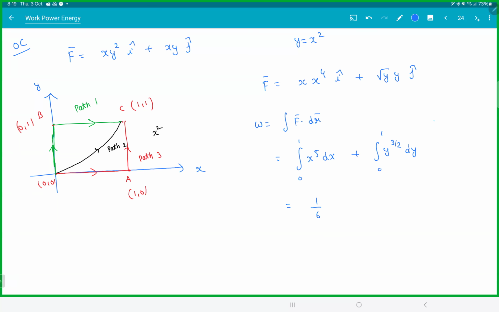This is x power 6, so 1 by 6, plus that is y power 5 by 2, 2 by 5. How much is this? 5 plus 12, 17 by 30.